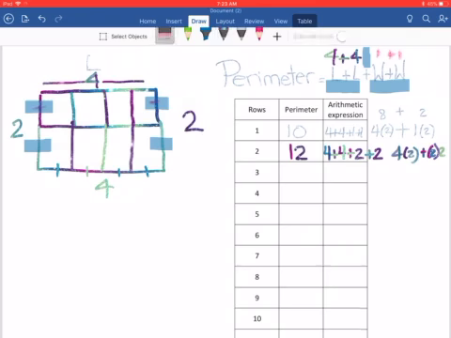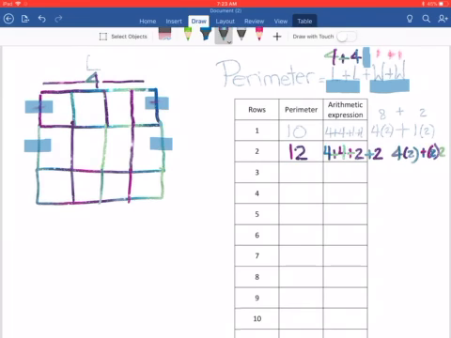Okay, and then I'm going to add a third row. And you guessed it, my length stays 4, and this time my width changes to 3.